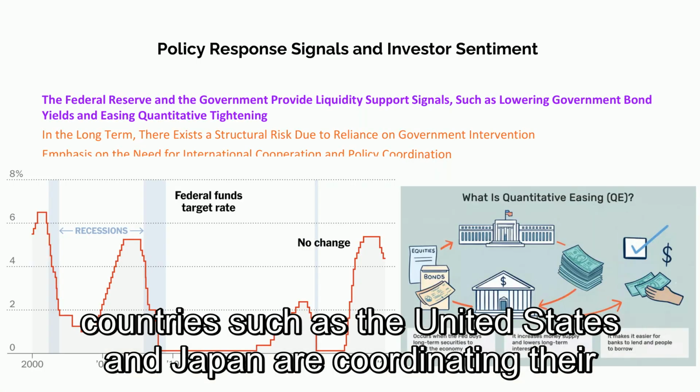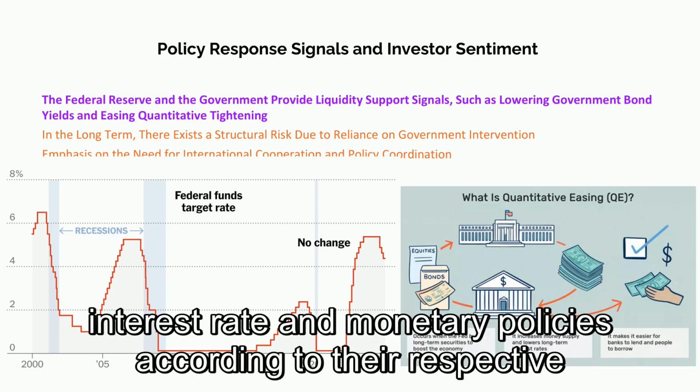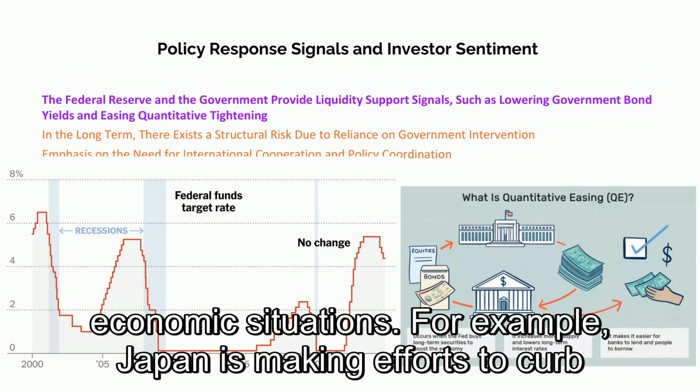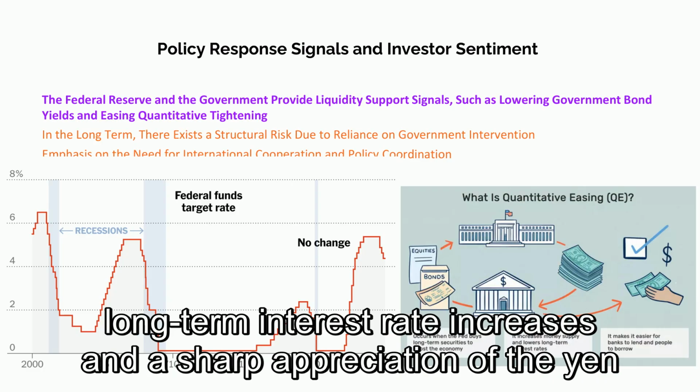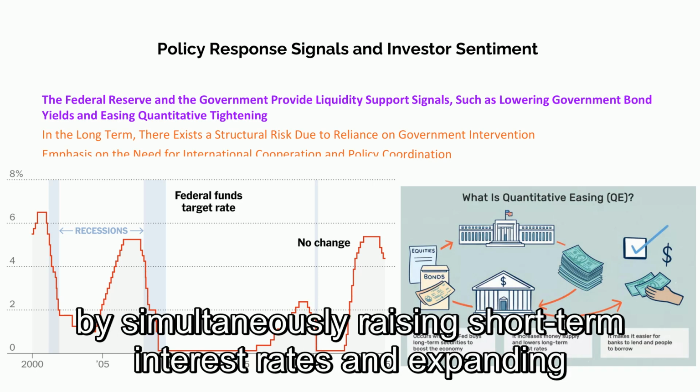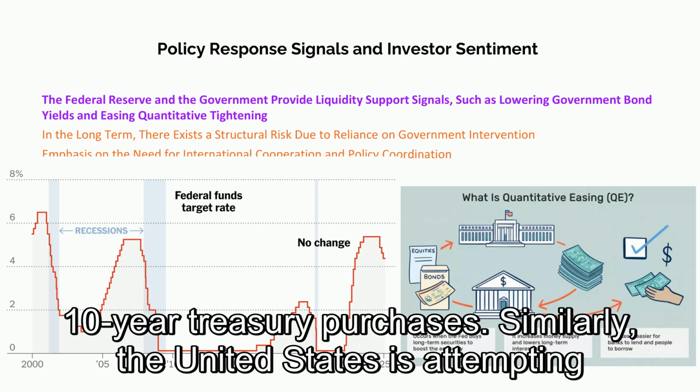The importance of international cooperation and policy coordination cannot be overlooked either. Major countries, such as the United States and Japan, are coordinating their interest rate and monetary policies according to their respective economic situations. For example, Japan is making efforts to curb long-term interest rate increases and a sharp appreciation of the yen by simultaneously raising short-term interest rates and expanding 10-year Treasury purchases.